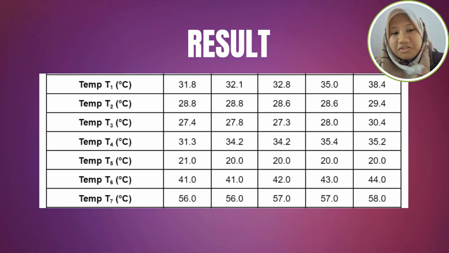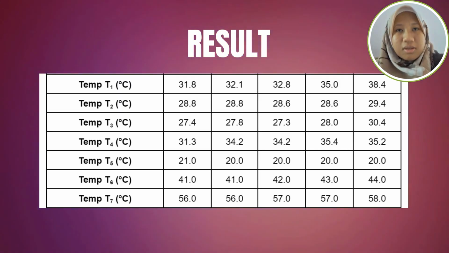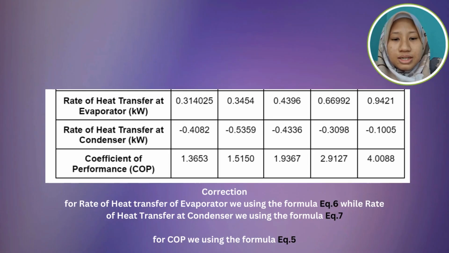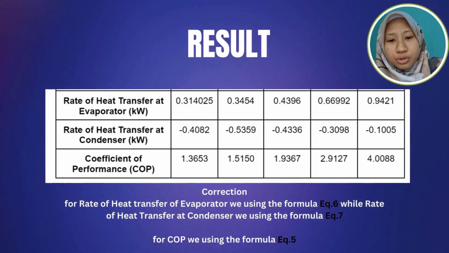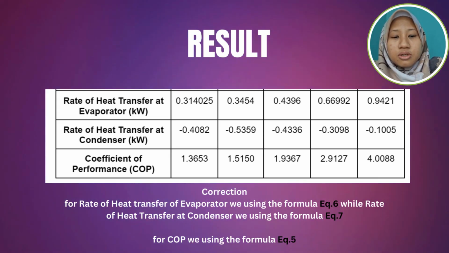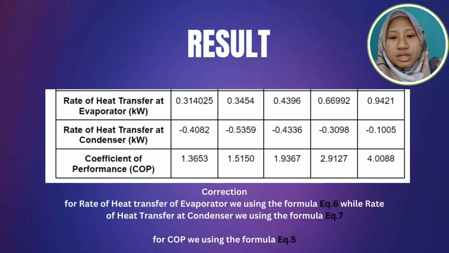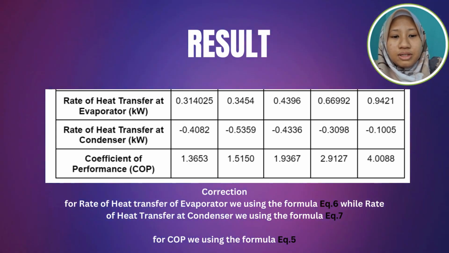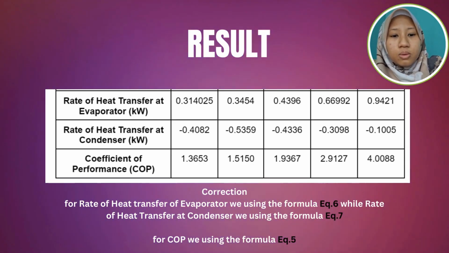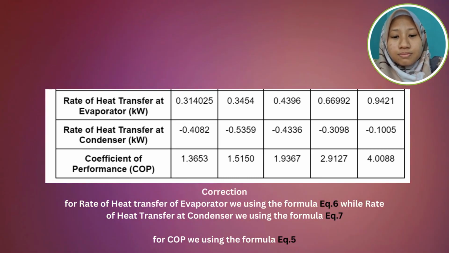This result we get from the formulas discussed in question 1 of the discussion part. For the rate of heat transfer at the evaporator, we use equation number 5. For the rate of heat transfer at the condenser, we use equation number 6. For the COP, we use equation number 4.